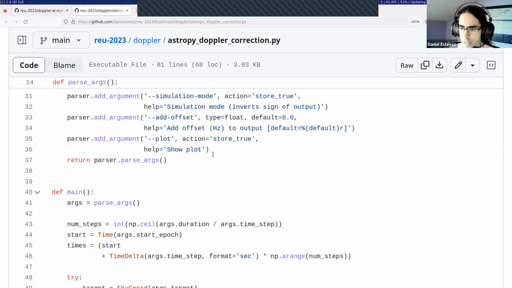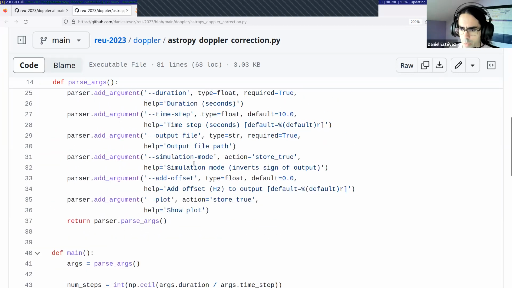So we know that our signal is at plus 0.5 megahertz plus some other small quantity, and we decide to already tune up by 0.5 megahertz and take care only about that other small quantity. And we also have a plot parameter to do a plot of the Doppler curve, which is quite useful to check if it has been computed correctly.